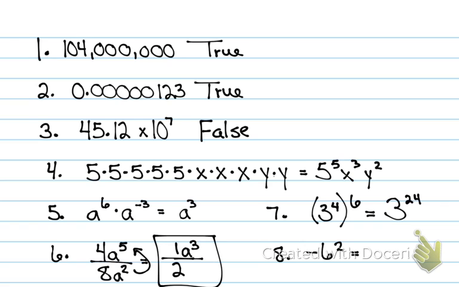All right, number 8, negative 6 to the 2nd power. There's still some confusion about when my answer is positive and when my answer is negative. It has everything to do with the parentheses. Let's go ahead and evaluate this. Is my answer positive 36 or negative 36? Negative. It is negative because the negative is not in the parentheses.